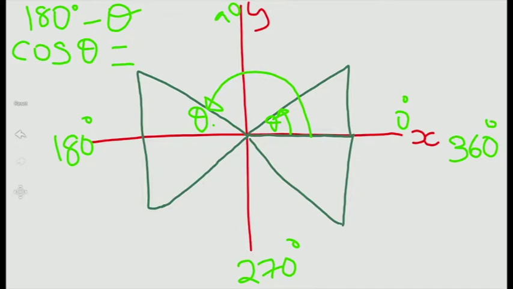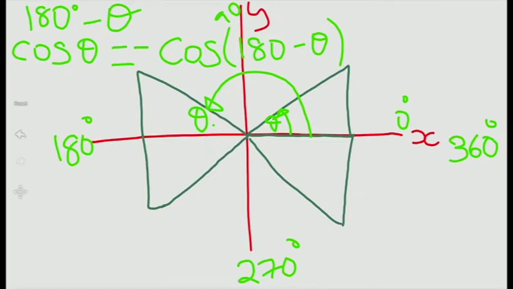So they have the same value of trigonometric ratios, equal to the cosine of 180 minus theta. But we know that this is the second quadrant. In the second quadrant, we know the signs of the trigonometric ratios. What was the sign of a cosine? The cosine is negative. So the cosine of theta is equal to negative the cosine of 180 minus theta. We look at the tangent.